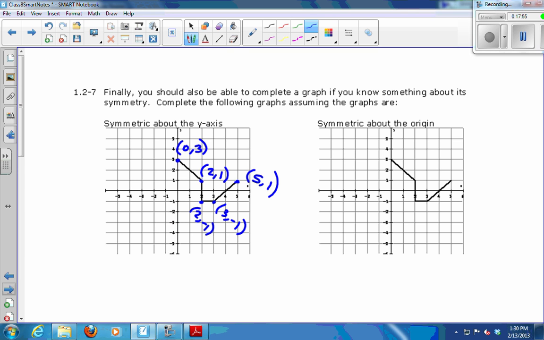So 0, 3, what is the opposite of 0? Still 0. So that point stays the same. And 2, 1, the opposite of 2 is negative 2. So we go to negative 2, 1. 2, negative 1, we go negative 2, negative 1. 3, negative 1 becomes negative 3, negative 1. And 5, 1 becomes negative 5, 1. And then you just connect them in the order that you drew them.